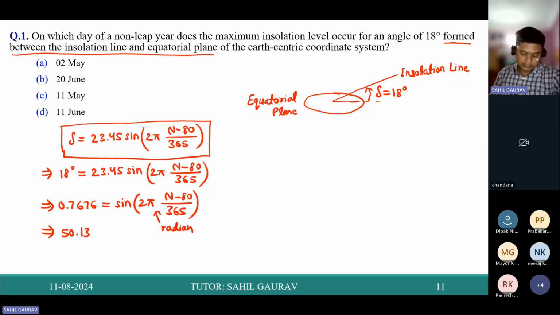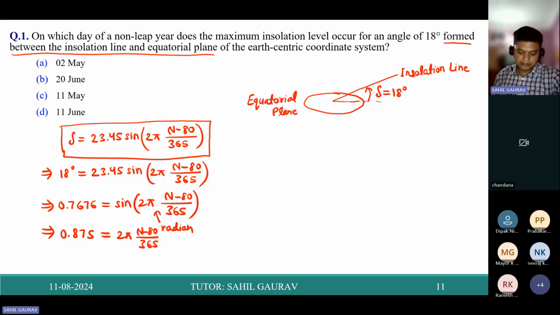The sine inverse of 0.766 will give you 0.875, equal to 2 pi (n minus 80) upon 365.